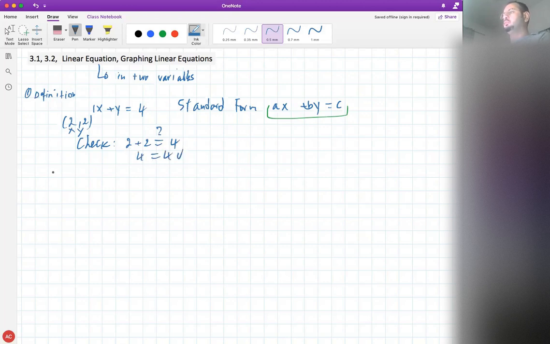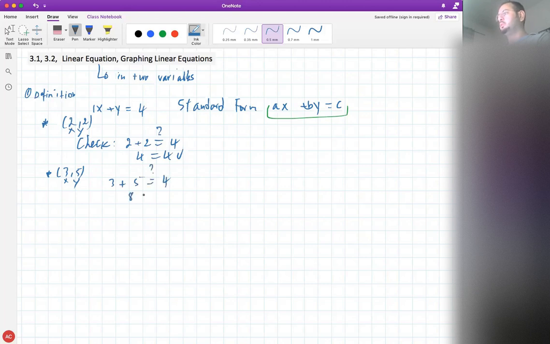What about, for example, 3 and 5? Would 3 and 5 be a solution to this equation? No, it would not be a solution. Because if you plug x and y into the equation, x is 3, y is 5, is it equal to 4?